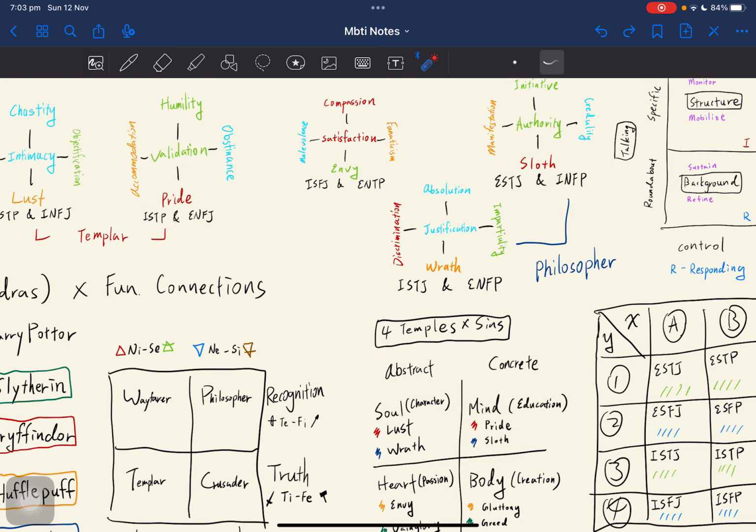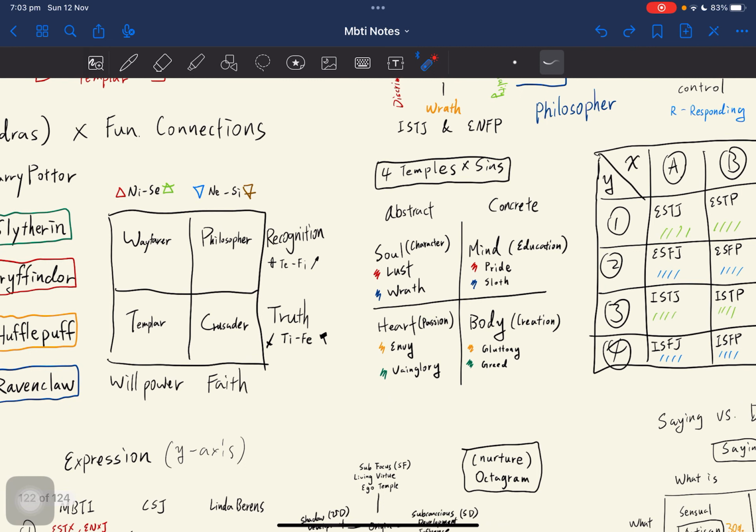So if they are mind temple, it means they are INFP, or if they are soul temple, it means they are INFJ. That's how you use this to assist in finding their type. So this is like the additional vector.